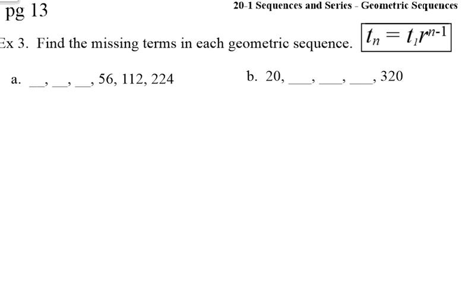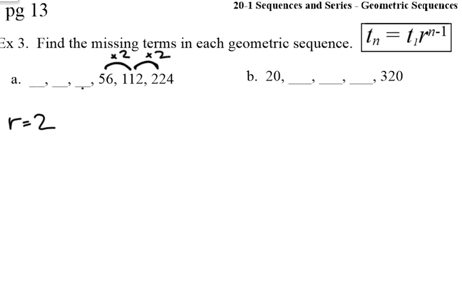Question 3. Find the missing terms in each geometric sequence. Well, pros and cons, and again, it's algebraically or not. What's nice with this first question is we want the missing terms. In this case, I'm not guessing and checking. I can calculate that our R value is 2. So that's information that's given to us.